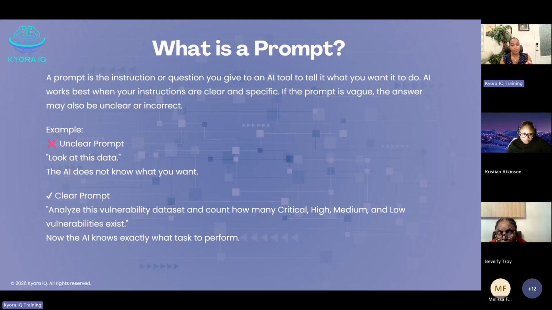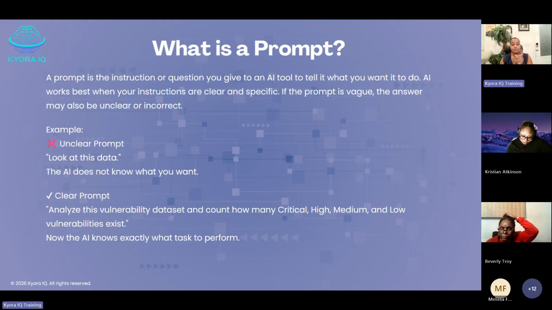An example of an unclear prompt would be "look at this data." The AI wouldn't know what you want, right? But a clear prompt would say, "analyze this vulnerability data set and count how many critical, high, medium, and low vulnerabilities exist." Now the AI would know exactly what you're looking for.